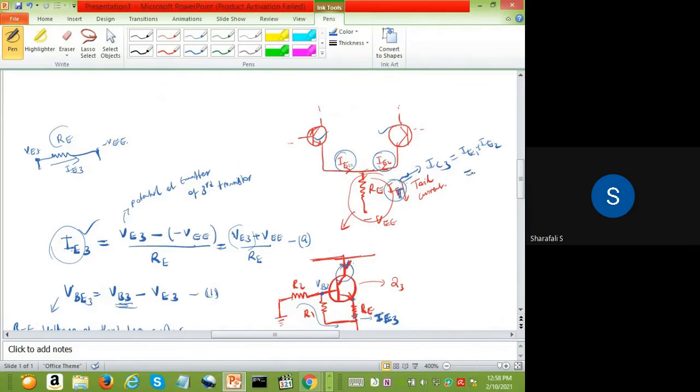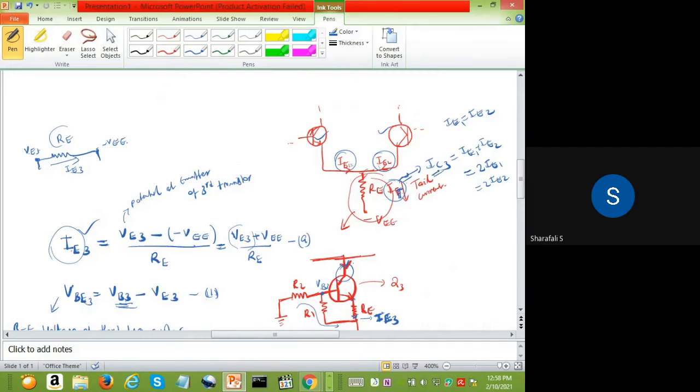And if these transistors are identical, IE1 will be equal to IE2. That will give you this as 2 IE1, or you can also put 2 IE2, because IE1 will be equal to IE2. If these two transistors are identical, these two currents will be the same.